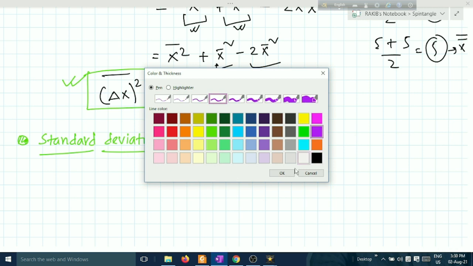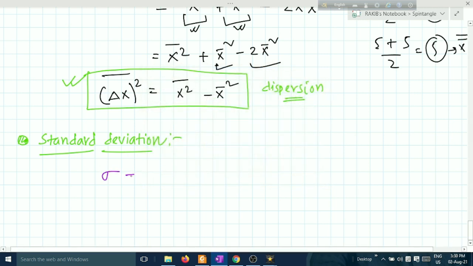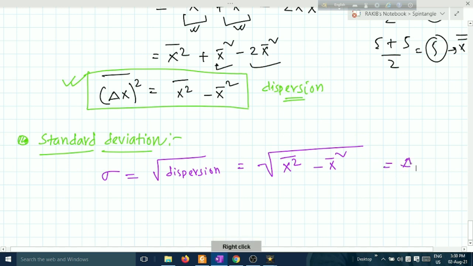Sigma is the root of the dispersion. That means we can write here: the square root of x square average minus x bar square average. This is standard deviation. It can be written directly, not as sigma, but as delta x.